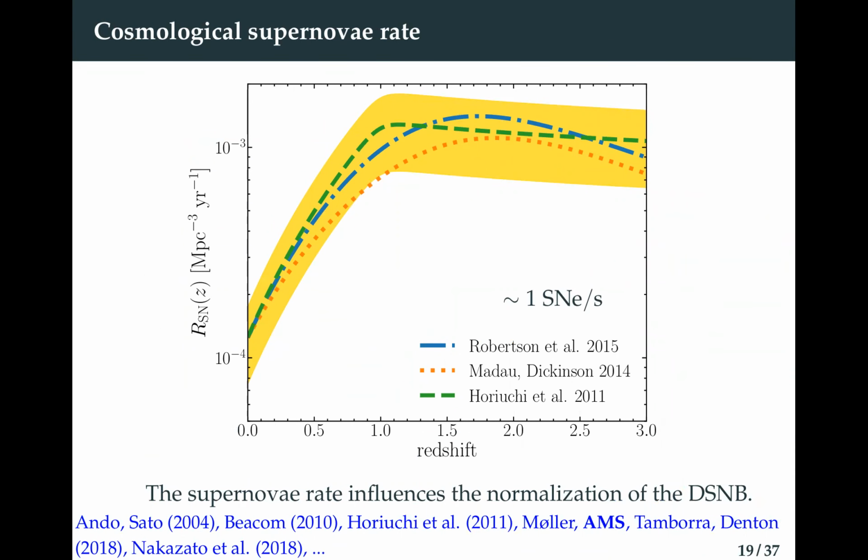Another uncertainty is the cosmological supernova rate, which will mostly affect the normalization. There are also different shapes, but we will be mostly sensitive to redshift maybe around 2, because at higher redshifts the neutrinos are redshifted, so they have lower energies and it's harder to detect them.